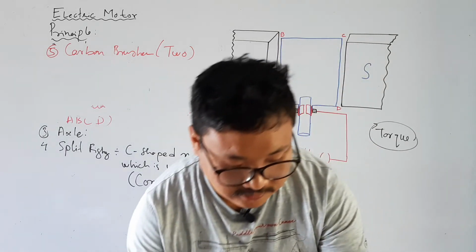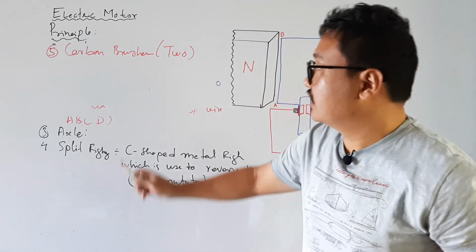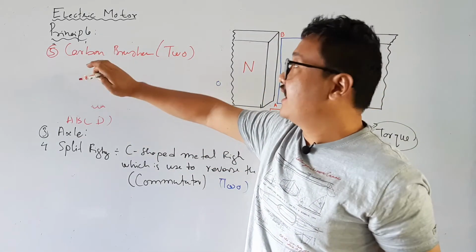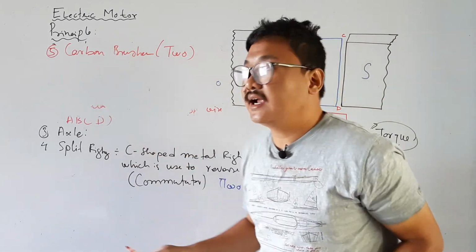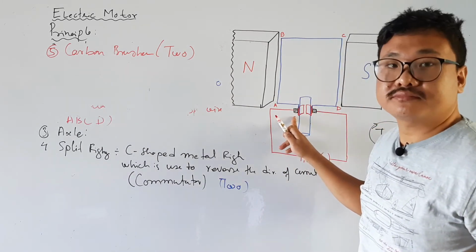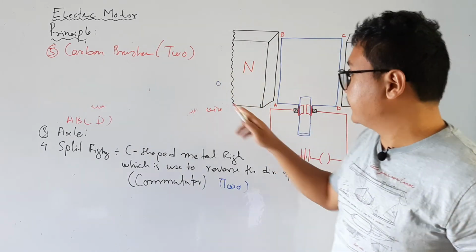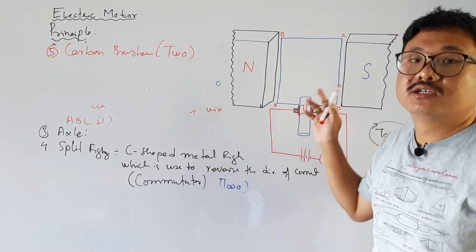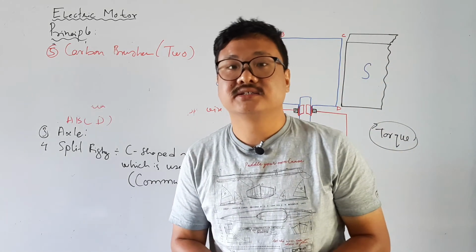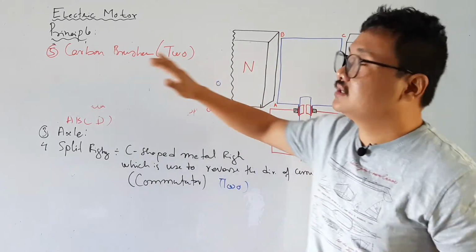These are called carbon brushes, and the carbon brushes are attached with the split ring so that current to the coil can be supplied.